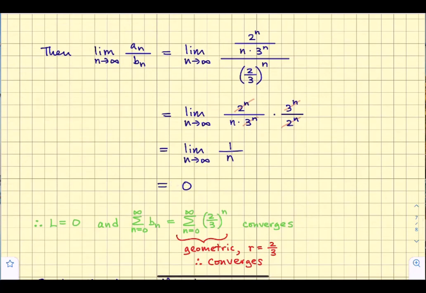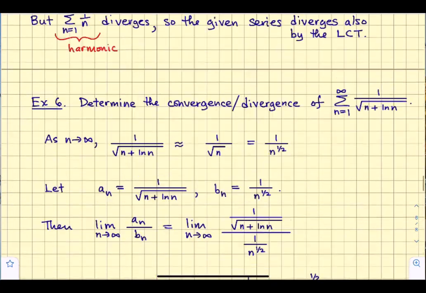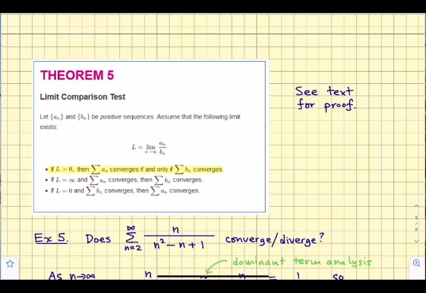I wanted to give you a look of something where you got one of the other cases of the limit comparison test, where the L wasn't always positive and finite. And so what happens here is we get an L of 0. And then what the theorem says, if we go back and look, is that if your L is 0 and the sum of the b sub n converges, then the sum of the a sub n converges.